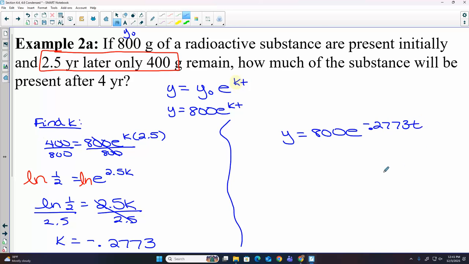Once you have that, we now know our formula. So here's the formula to find our amount at any given point in time. What did it ask me to find? How much of the substance will be present after 4 years? So if I want the amount after 4 years, I can plug that in for my t.